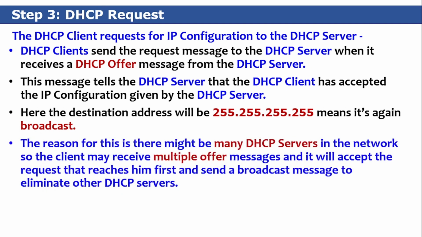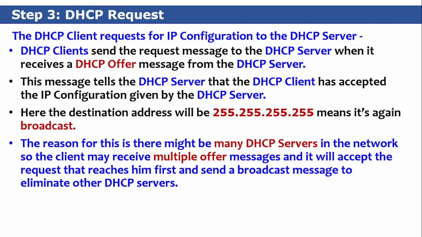The reason for this is there might be, say, many DHCP servers in the network. So the client may receive multiple offers, and it will accept the offer that reaches it first and send a broadcast message to eliminate the other DHCP servers. So let's say we have 3 DHCP servers in our infrastructure, and the DHCP client service starts.